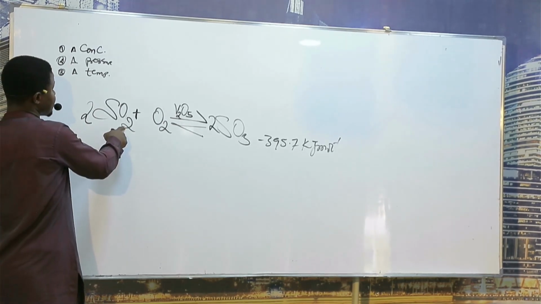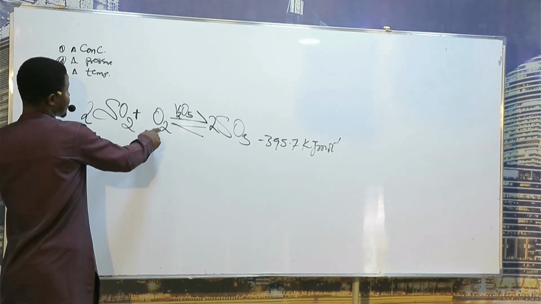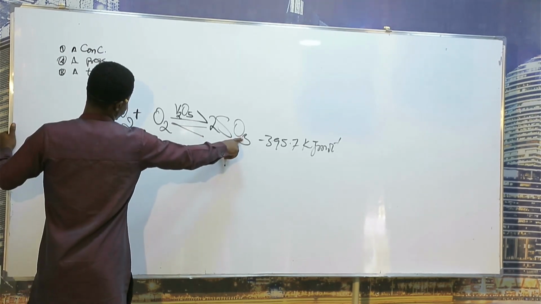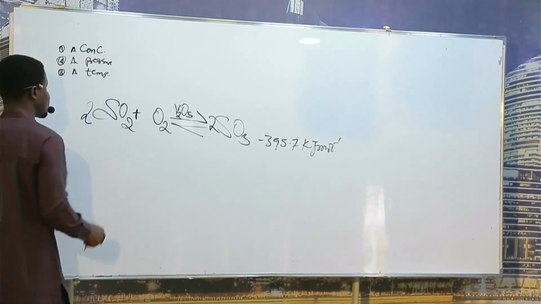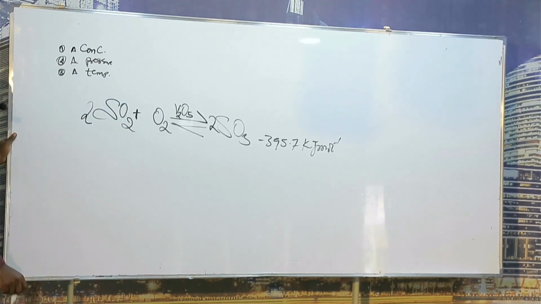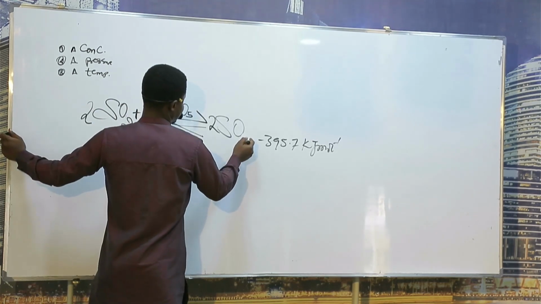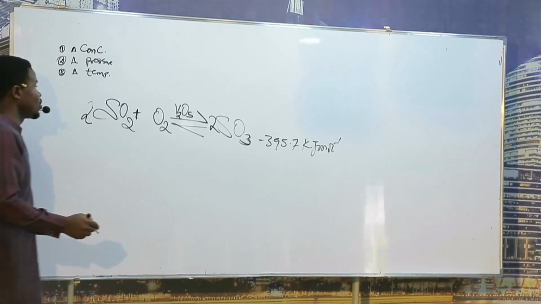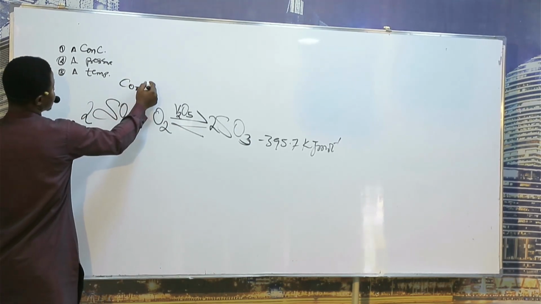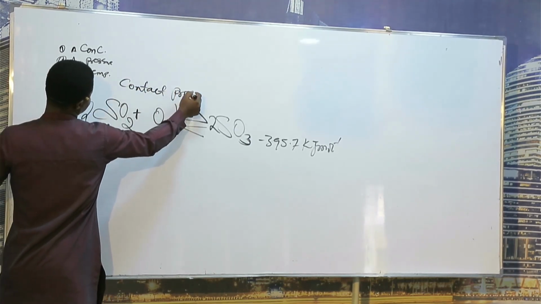Oxygen here is how many? 6. Sulfur 2. Okay. Then I want you to give me the conditions that will increase the yield of SO3. This is a practical industrial process. We call this thing the contact process.